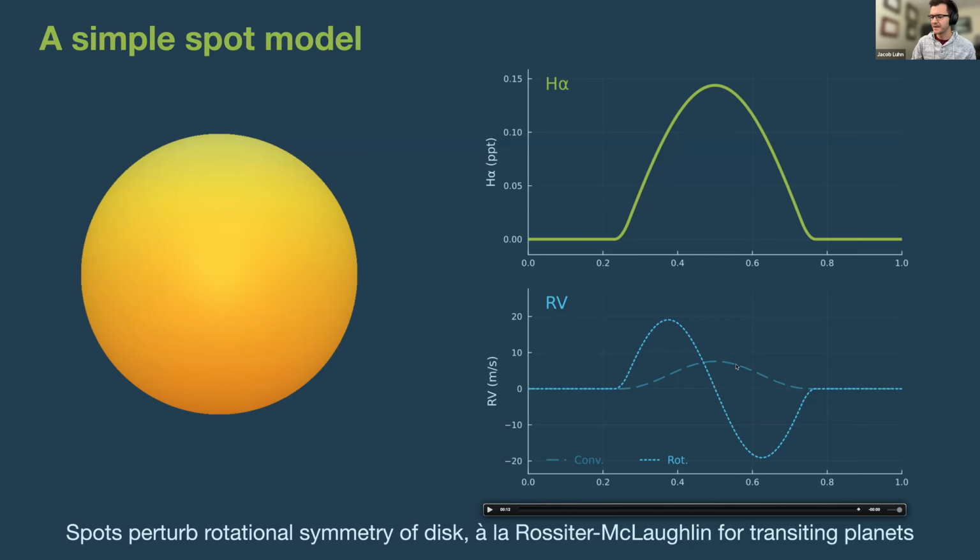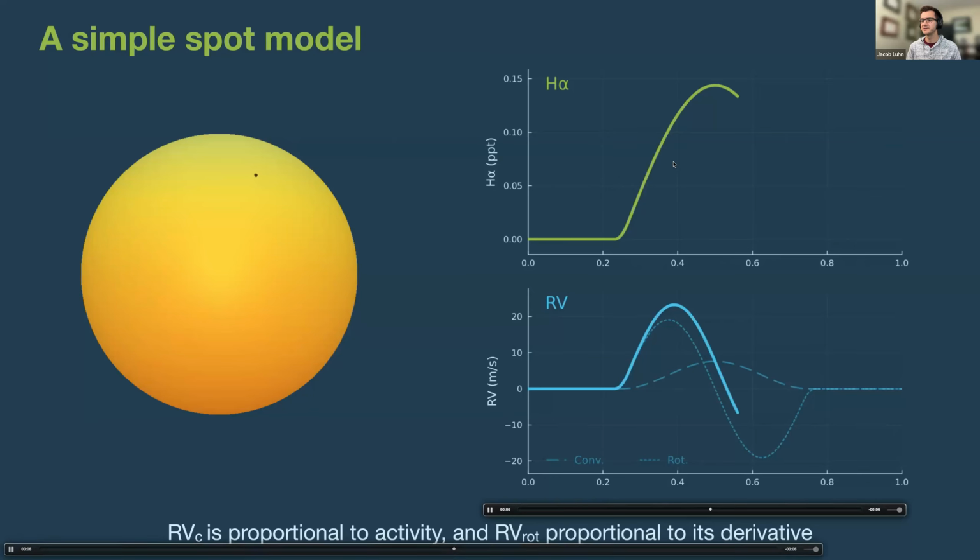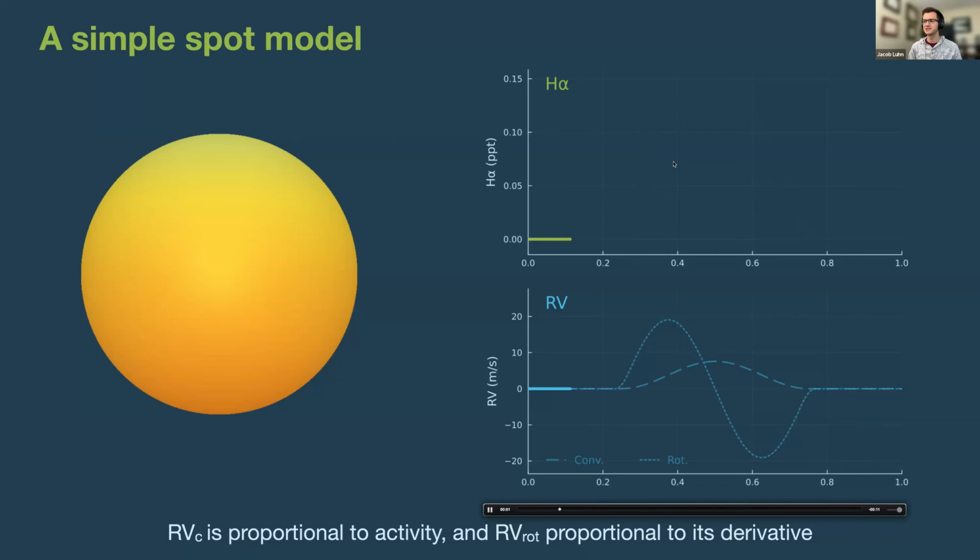And we'll note here that the RV is a sum of two components. The convective component is proportional to activity, and the rotational component is proportional to its derivative. And particularly, you can see that the rotation component in the shorter dashed line peaks prior to its meridian crossing.